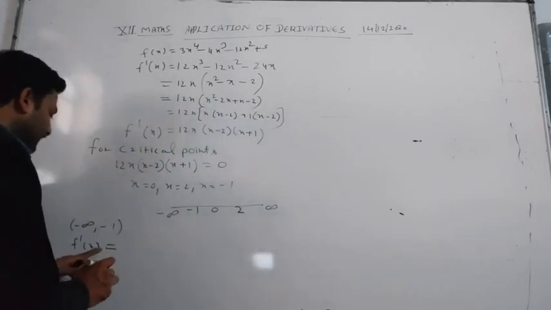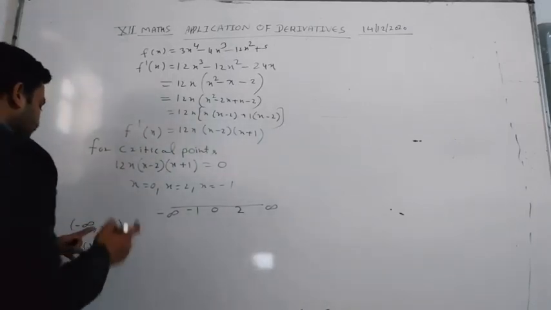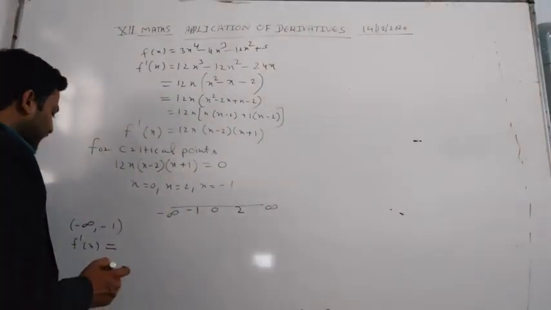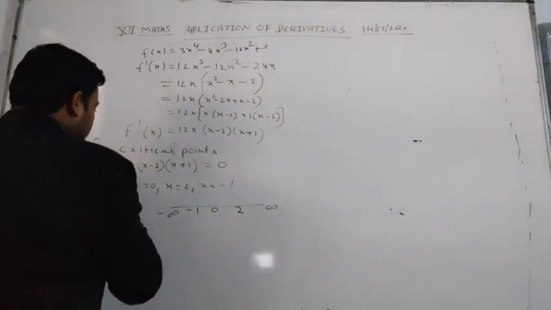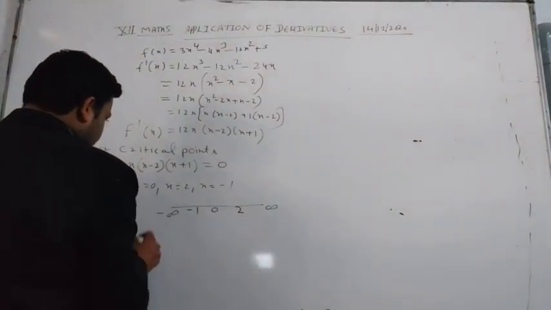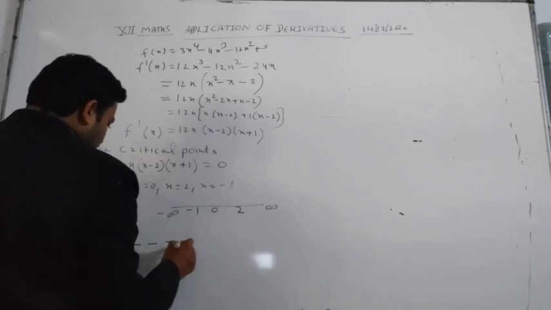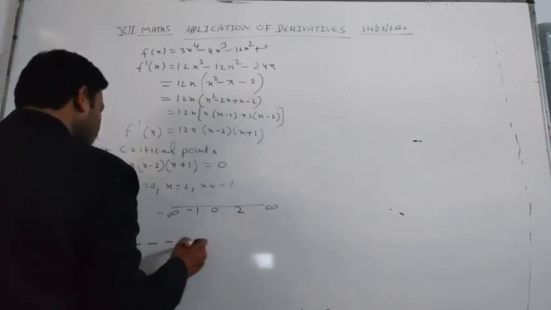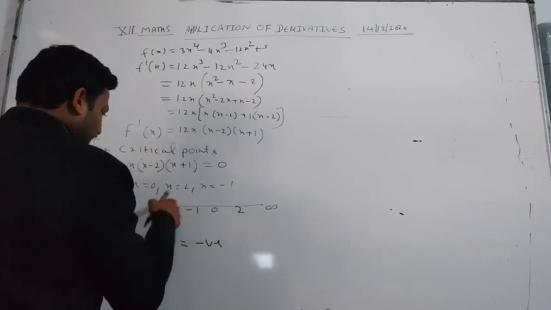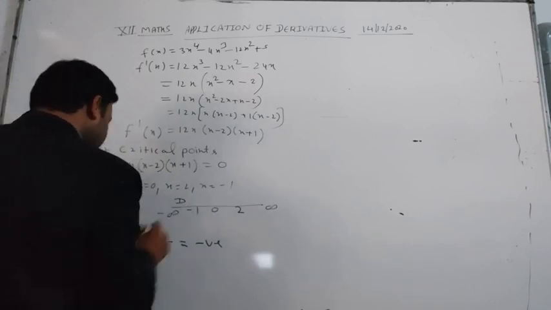Okay, so f dash x takes any value between minus infinity to minus 1, take minus 4. So we are getting minus, minus and minus. So this is negative. So here it is negative, so the function is decreasing.